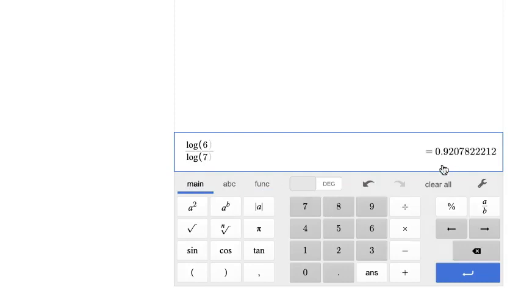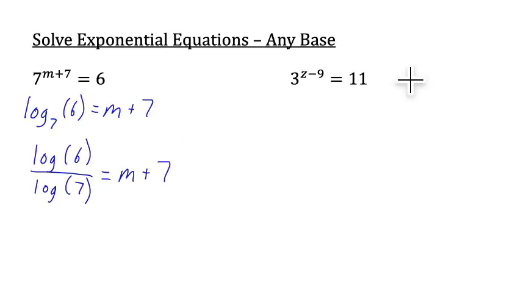And I'll use lots of decimal places here, so 0.9208, rounding that 7 up to an 8. So log base 10 of 6 divided by log base 10 of 7 equals 0.9208. That equals m plus 7. So then we just subtract 7 on both sides and get m equals negative 6.0.